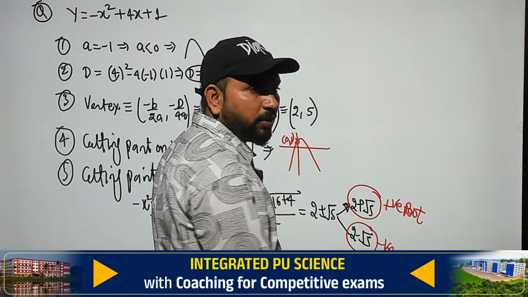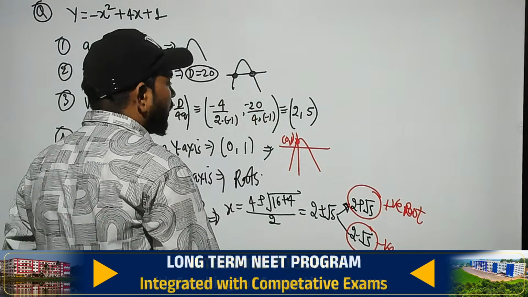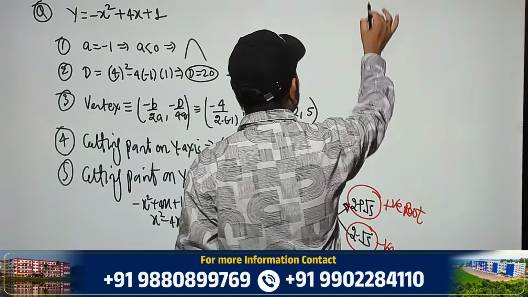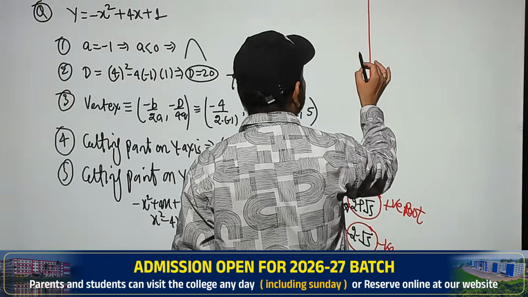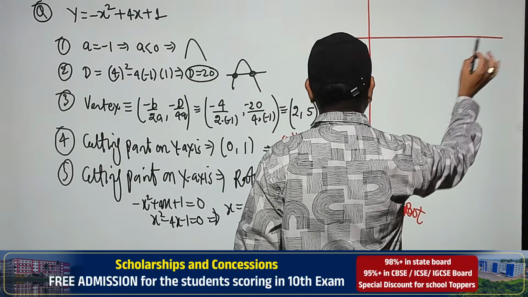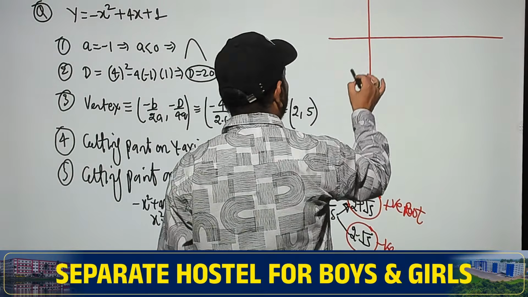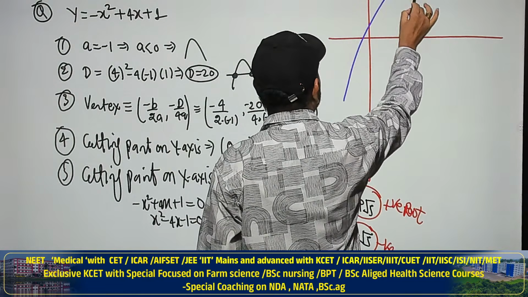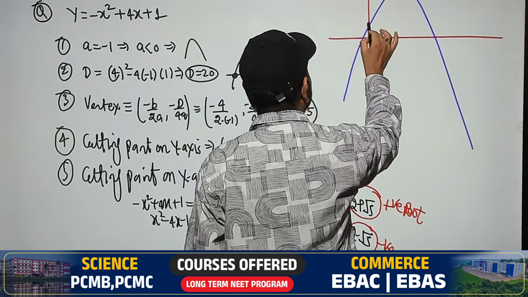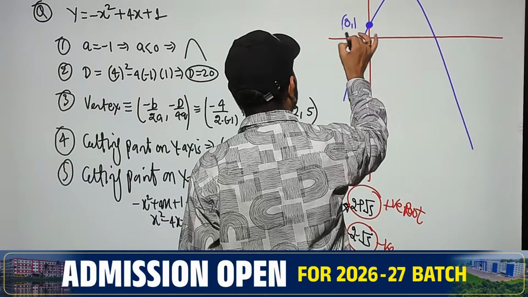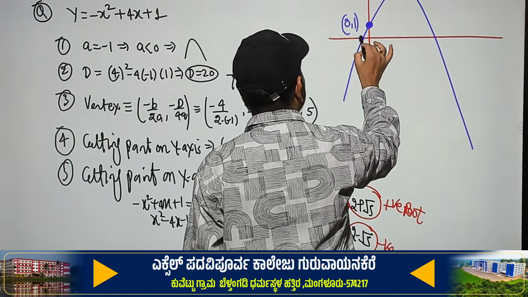So now I am drawing the correct graph. The vertex is 2, 5. This graph cuts the y-axis at 0, 1. This point is 0, 1.